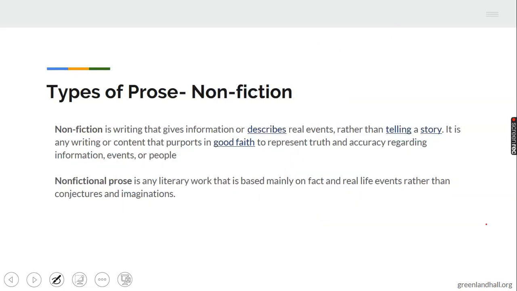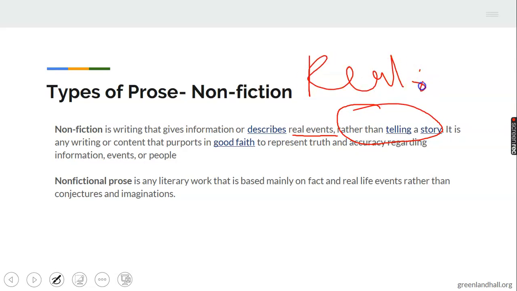Before we go to types of fiction, let's say non-fiction also. On the other hand, non-fiction describes real events rather than telling a story. Real stories.